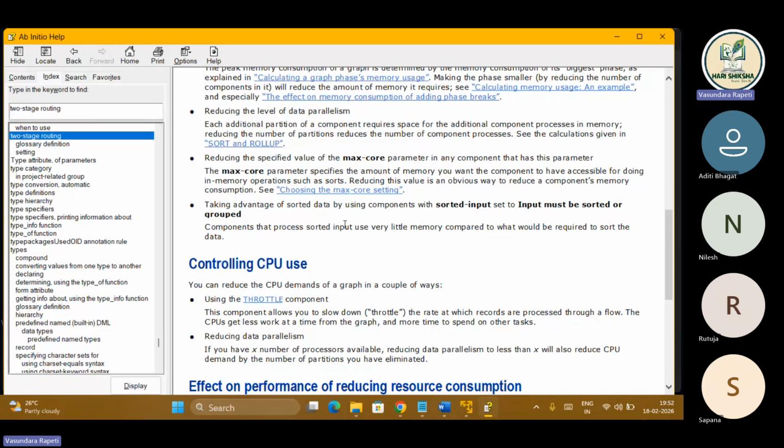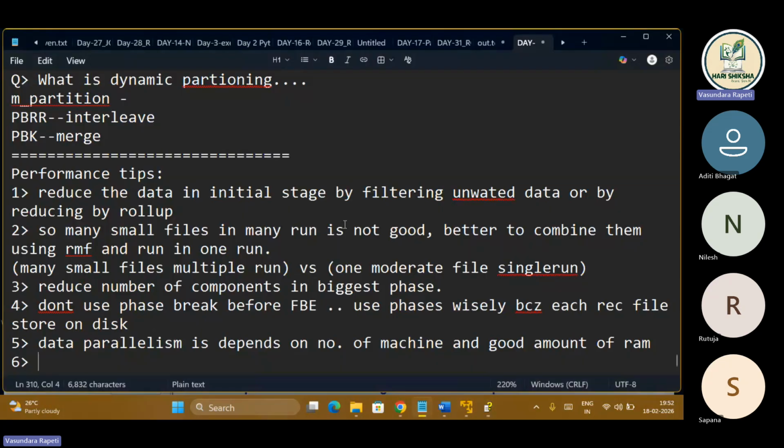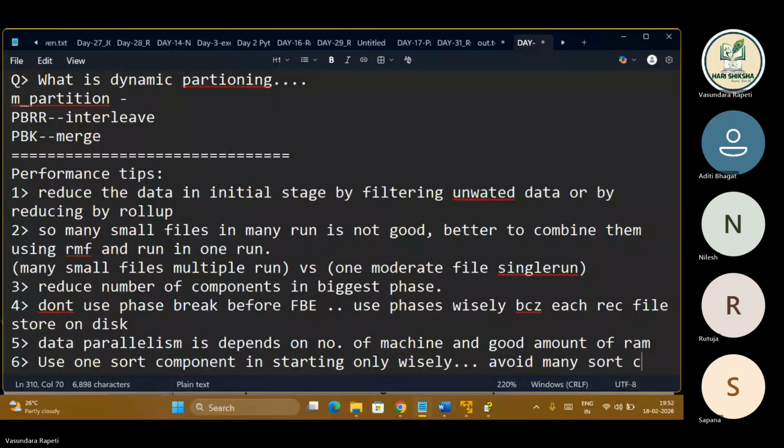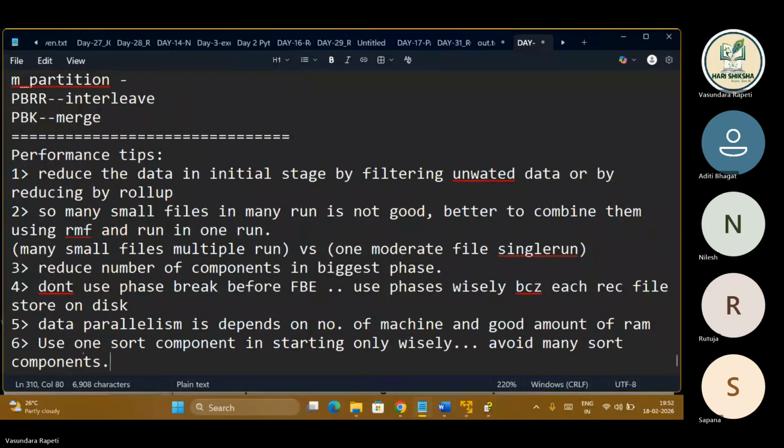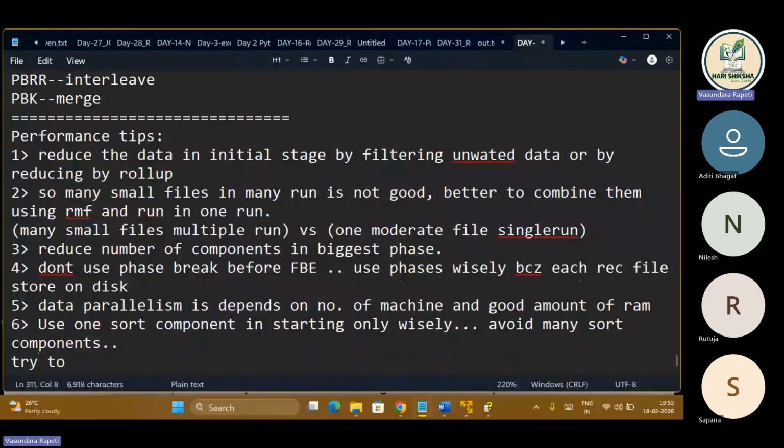So use the sort component wisely, one sort component in the start only. Avoid many sort components and try to avoid in-memory. That is the meaning.